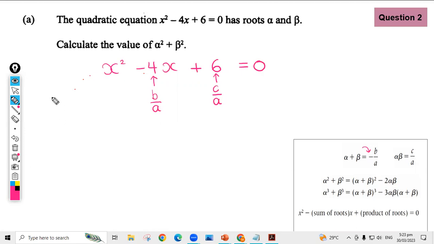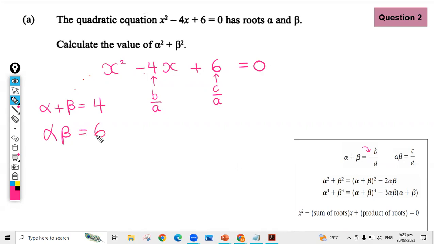So alpha plus beta today will give me positive 4 because of the minus sign over here. And alpha multiplied by beta gives us c on a. This one does not become the opposite. So alpha multiplied by beta is positive 6.